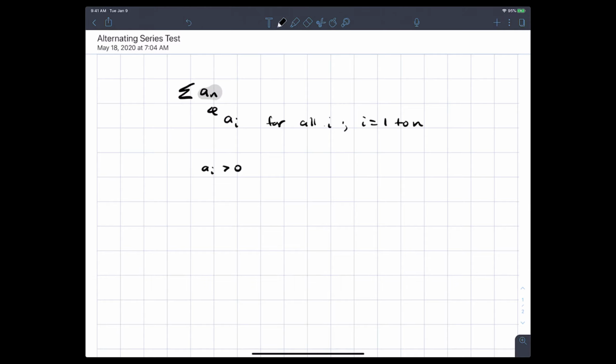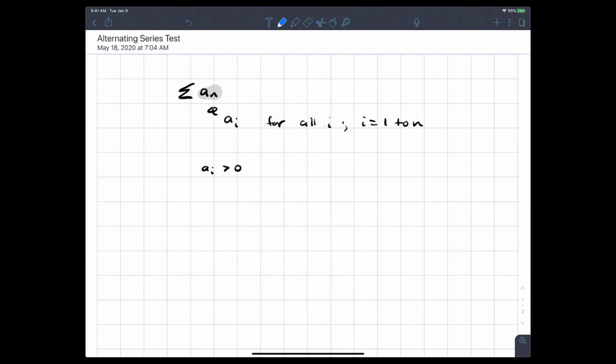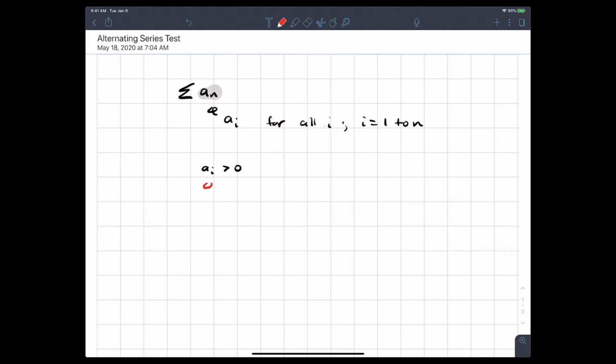Now, when they say alternating series, this is going to change. It's going to alternate from positive to negative, or really negative to positive. The point is that it alternates, and they mean alternate sign.